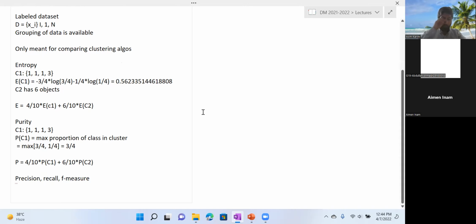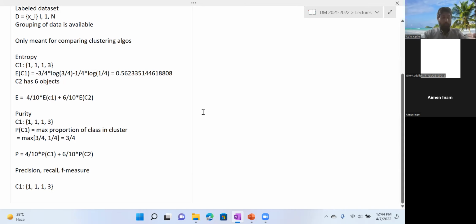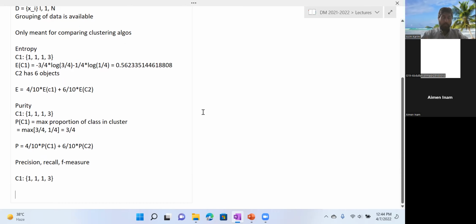For example, if we talk about precision, and again let's say we talk about cluster 1: 1, 1, 1, and 3. We have to find precision with respect to both a cluster and a class. Precision is not defined for a cluster and all classes, it is defined for a specific class.